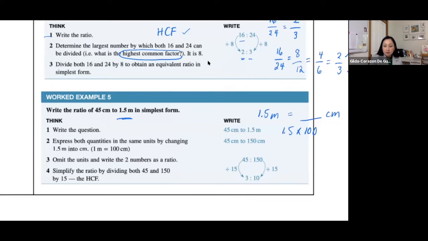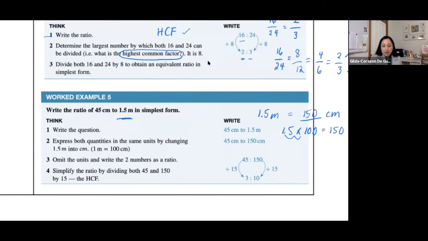How do we multiply by 100? We can use our good old calculator, or how do we multiply with hundreds or powers of 10? That's 2 zeros there. You would need to move your decimal point 2 places to the right, and therefore that becomes 150. Therefore 1.5 meters is 150 centimeters.